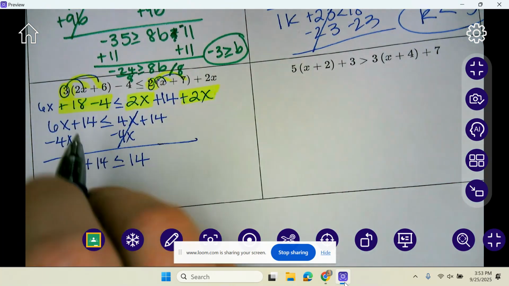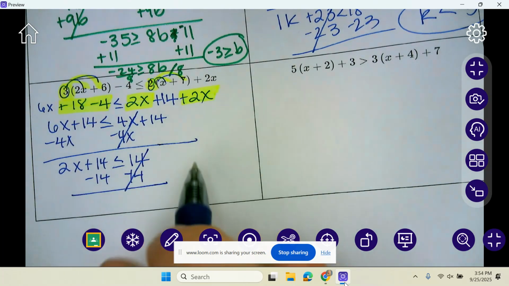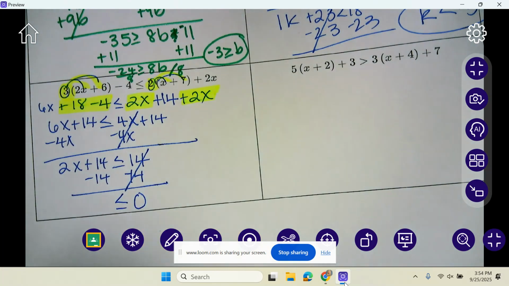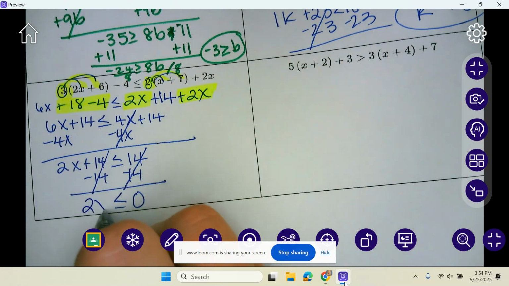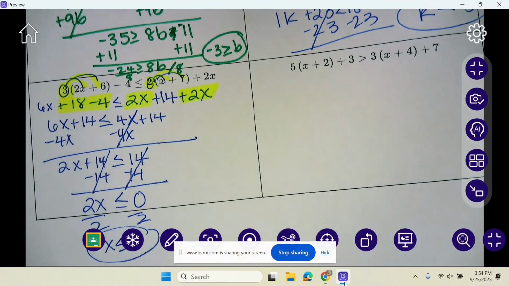Okay, next up is I need to subtract the constant. Remember, if both things cancel, you're left with nothing. You represent that with 0. Cancel, so 2x is less than or equal to 0, divide by 2. X is less than or equal to 0.